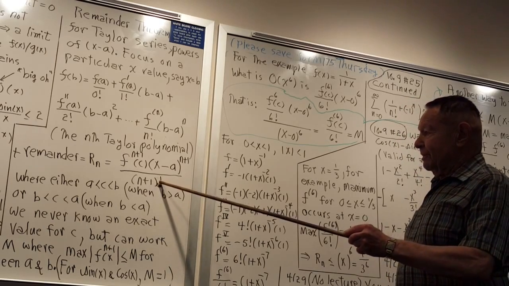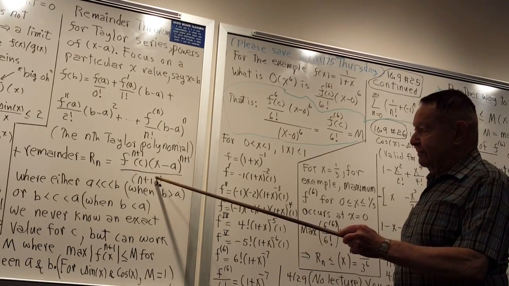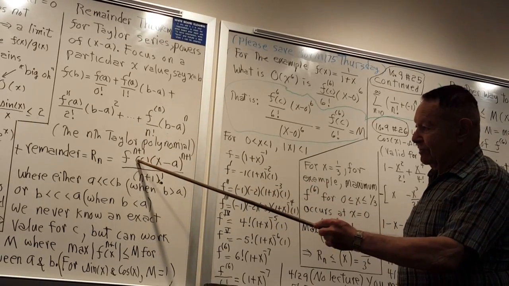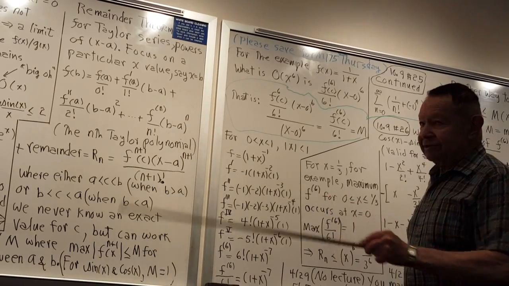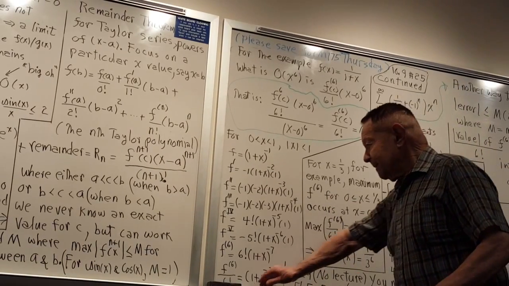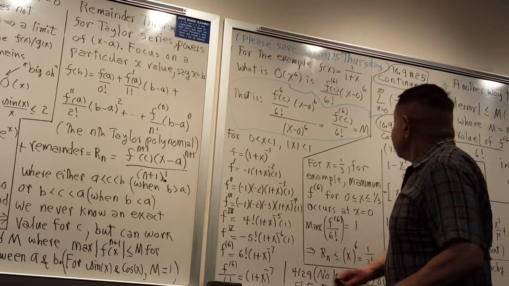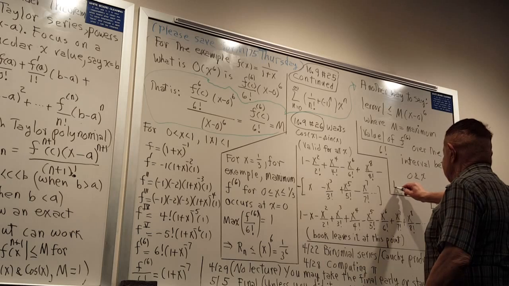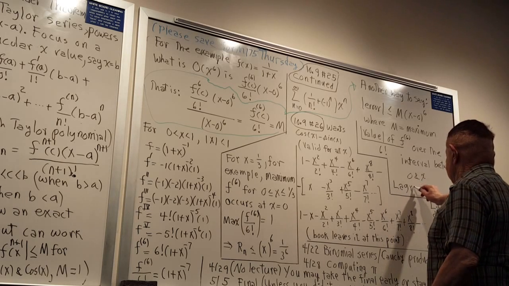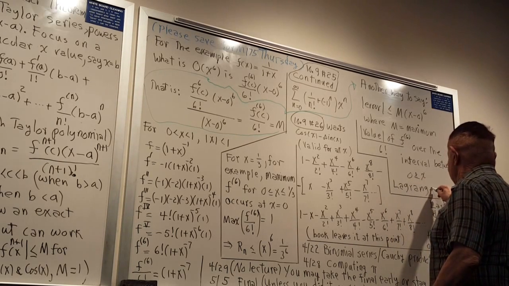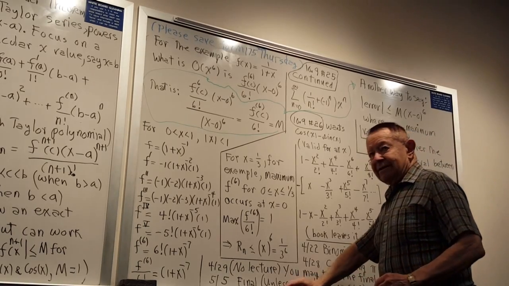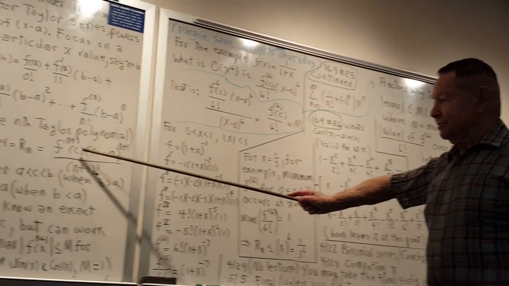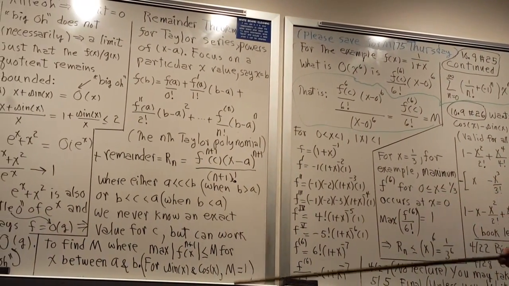This is the form of the remainder and essentially the error term for Taylor series due to the French mathematician Lagrange, and I didn't write his name. Let's see where. Okay. And this is, I think, the most useful form of the remainder theorem.